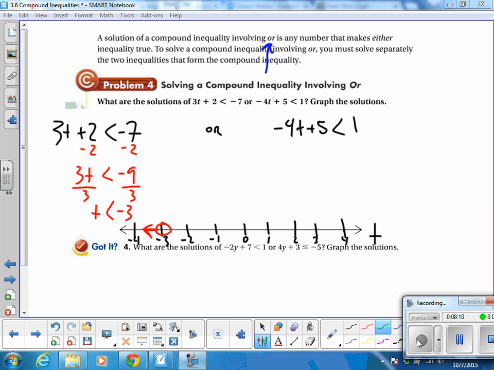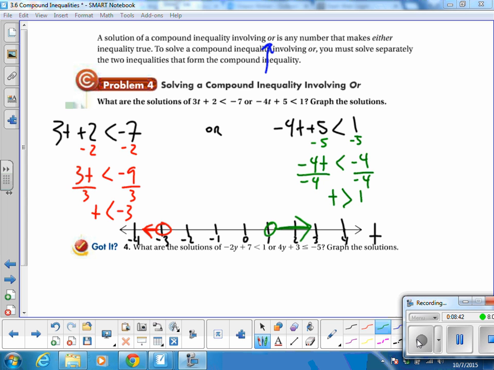Let's take a look at the right side here. I'm dividing by a -4, so my symbol is going to flip. A negative divided by a negative will be positive, so t is also going to be greater than 1. So there is my graph to represent the solution for this compound inequality.